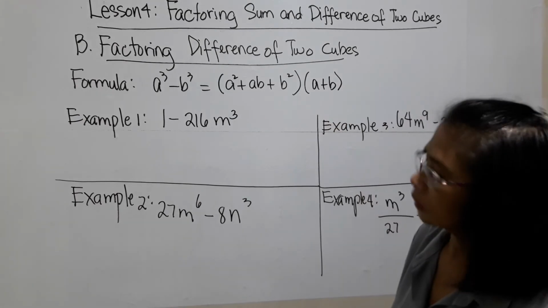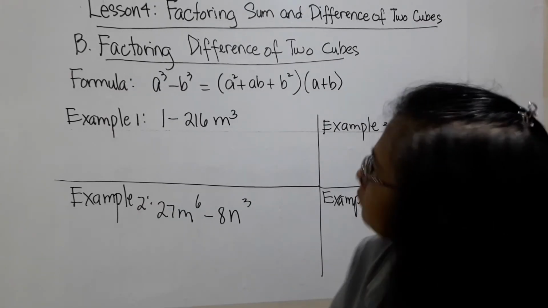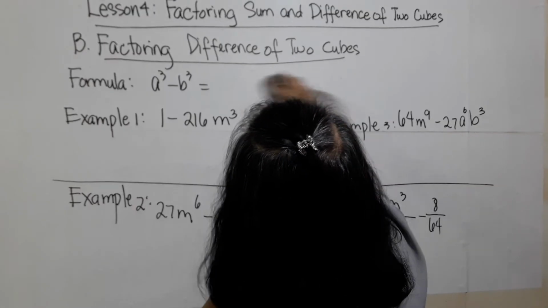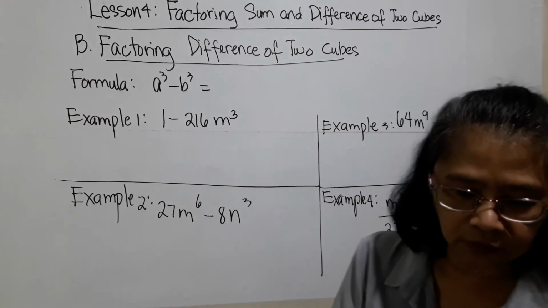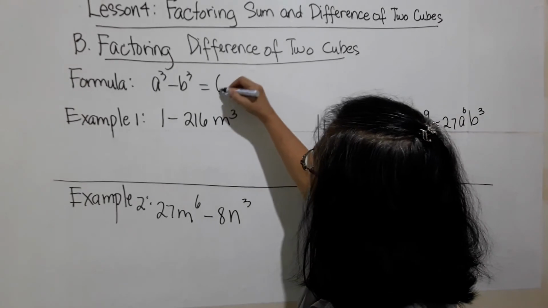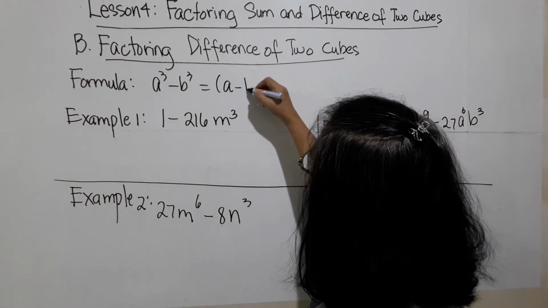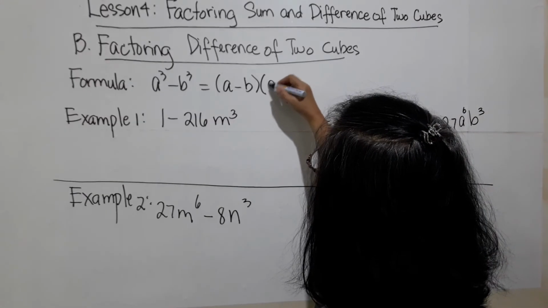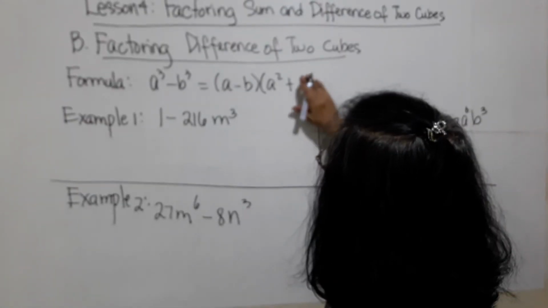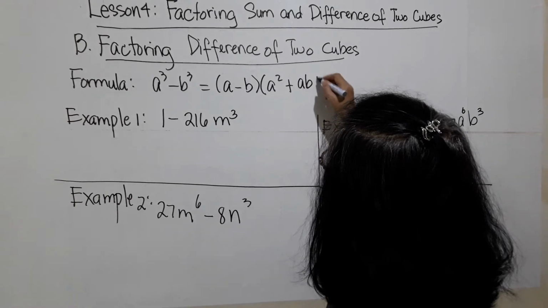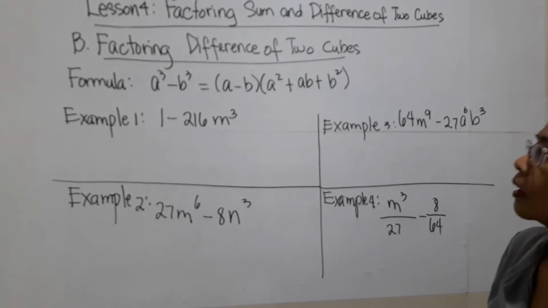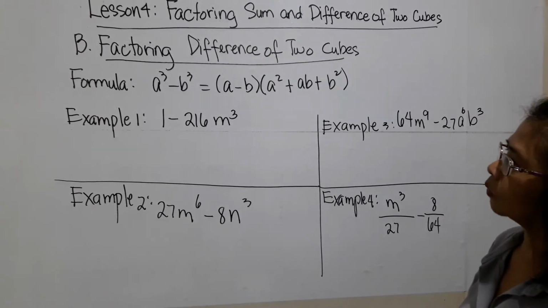So I can rewrite it this way so it will be easier for us to follow in finding the factors of the difference of two cubes. You first write a minus b times a squared plus ab plus b squared. Okay? So let's go to example number 1.